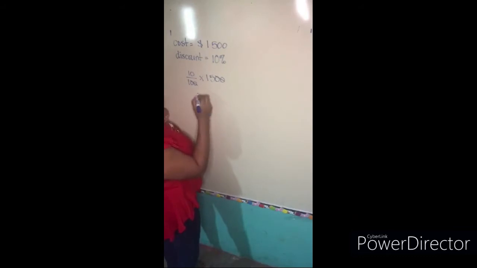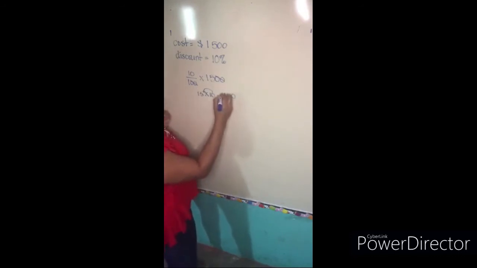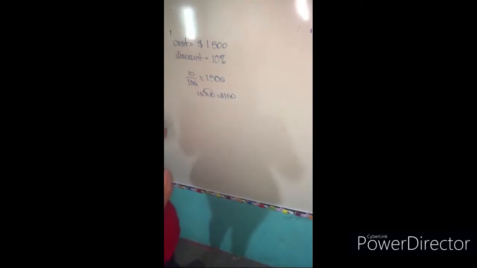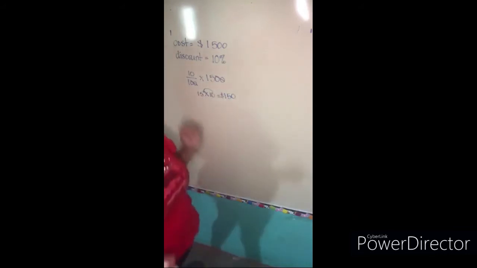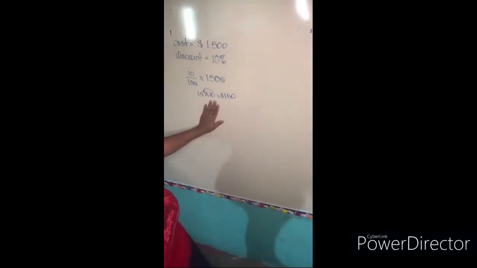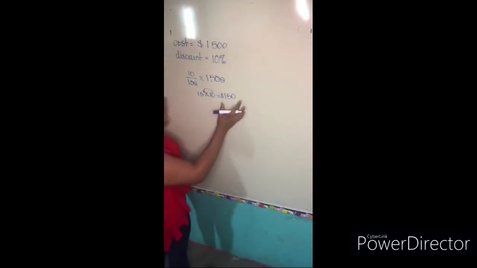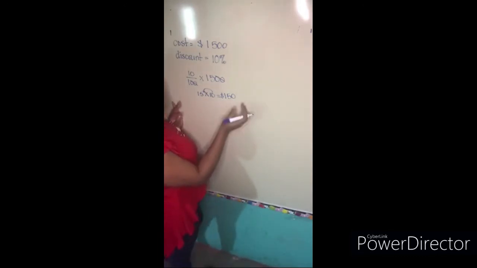For example, we're multiplying 15 times 10. 10 has 1 zero, so we're going to add that 0 here. And we end up with $150. Okay? If we were multiplying by 100, we would take 2 zeros and add them here. But in this case, we're going to use 1 zero since it's only 15 times 10. Okay. So we know that the 10% discount is $150 less.